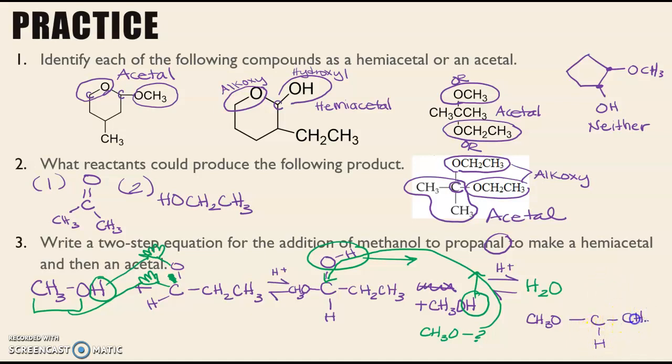And nothing happened to the R portion of our aldehyde, CH2CH3. And the difference between the molecule we just had and the new one we're making is that we now have this alkoxy portion that bonded to it, OCH3. And that's why it's an acetal, because it has two alkoxy groups bonded to the same carbon.